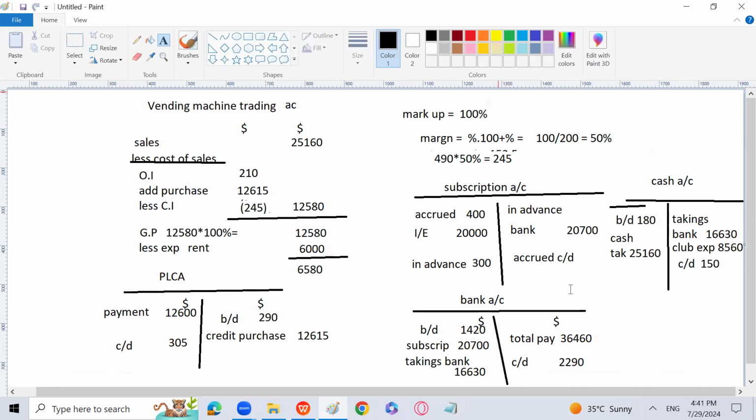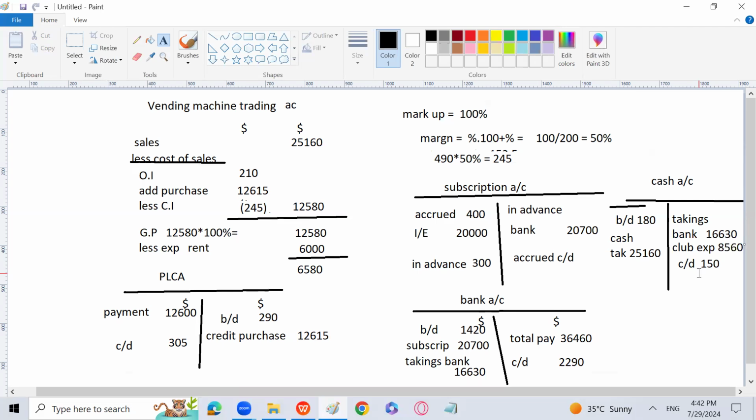Right? So we have prepared the vending machine trading account, we have prepared the subscription account, we have prepared the bank account to find takings bank, and then those takings bank are used in the preparation of the cash account to find club expenses. Here you can write a note also if you want to.